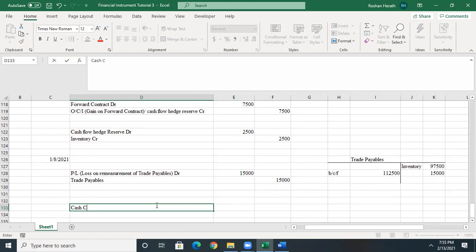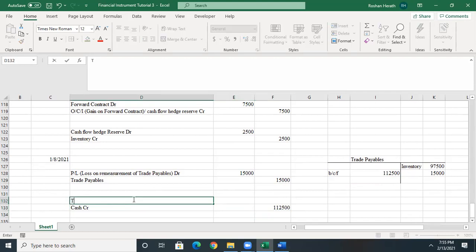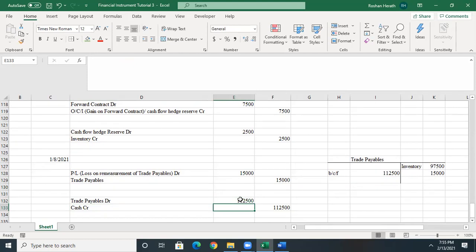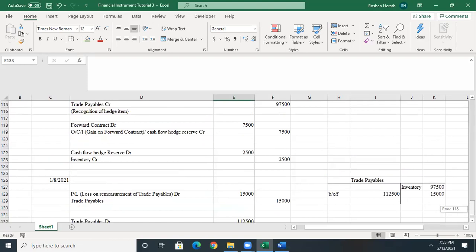Cash, you can pay 112,500, debit trade payables. Debit 112,500. ඒත් එකම maturity එකේදී අපි දන්නවා forward contract එක අපි කොහොමද remeasure කරන්න ඕනේ.